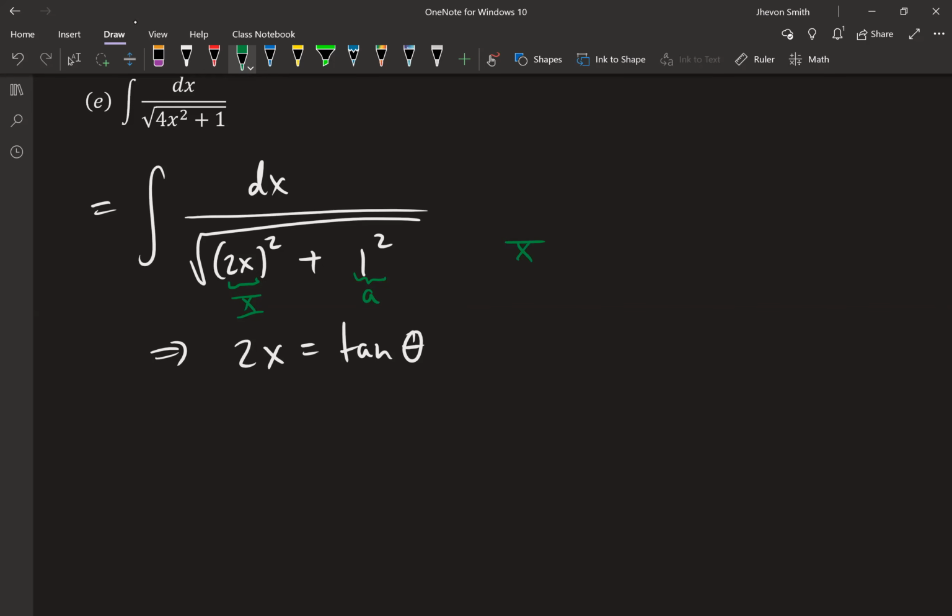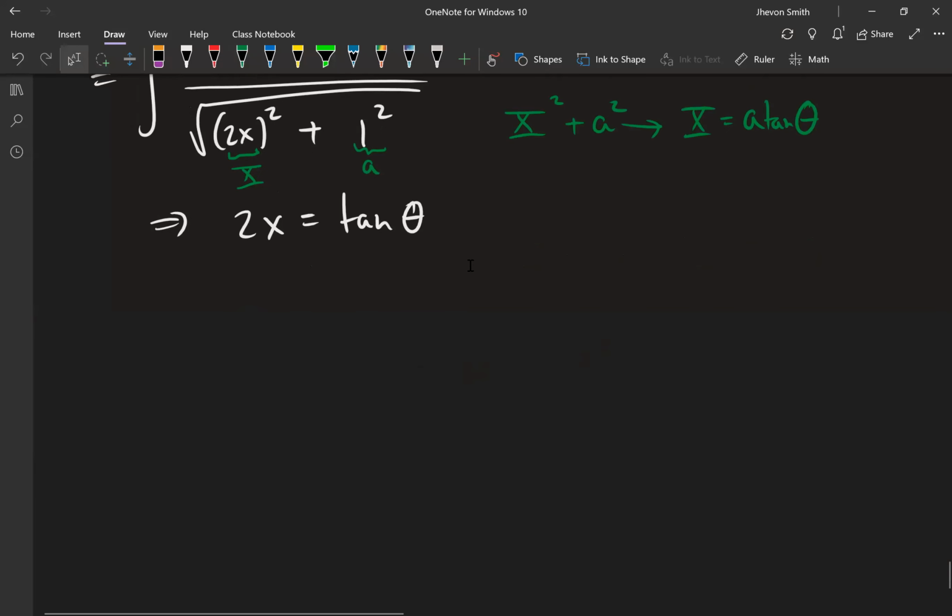If you see x squared plus a squared, then the substitution becomes x equals a tan theta. So you have to be careful. Okay, so 2x equals tangent theta would be the correct substitution.